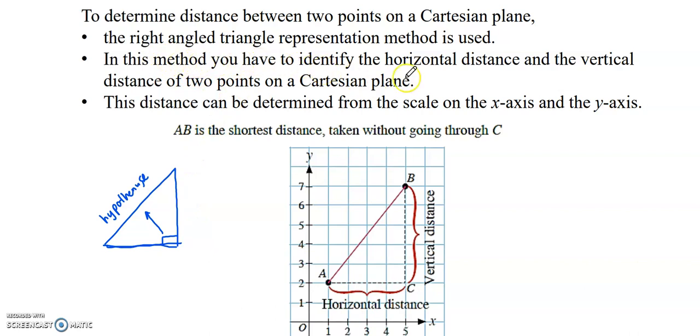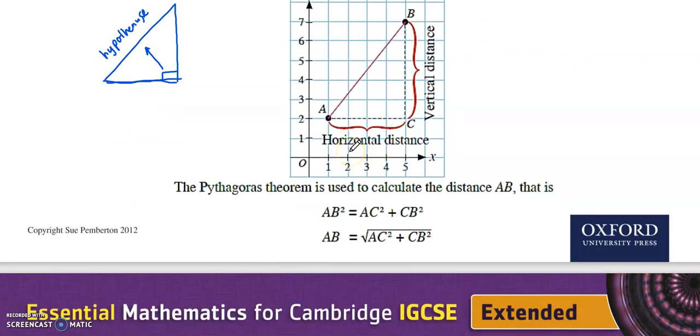In this method you have to identify the horizontal distance. Horizontal, we refer to the x-axis, and vertical distance, we refer to the y-axis. The distance can be determined from the scale on the x-axis and the y-axis. So maknanya cara dia, kalau sebelum ni kita buat Pythagoras theorem tu, dia dah bagi awak length for the height and also for the base.